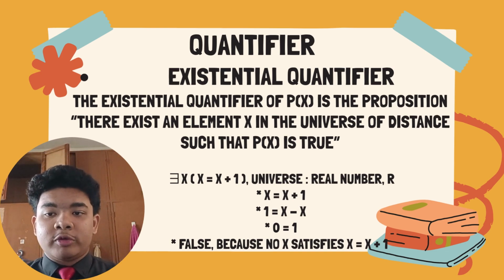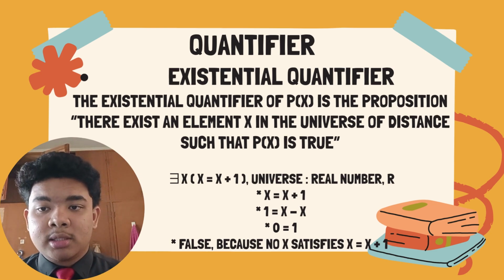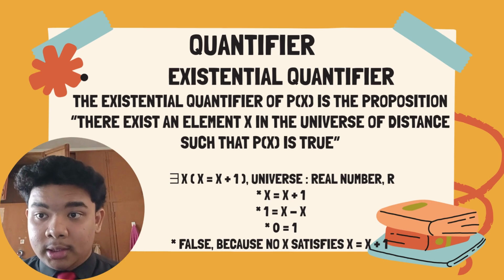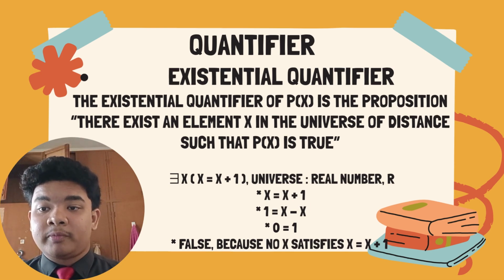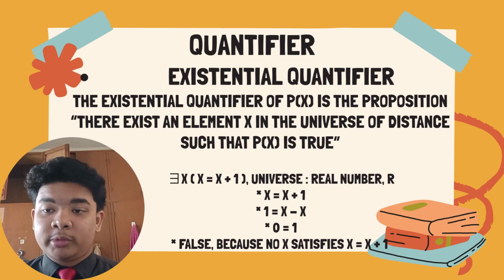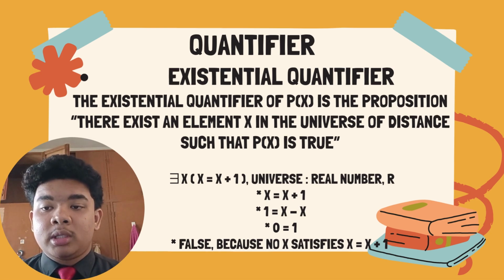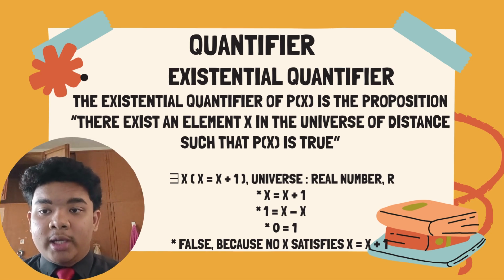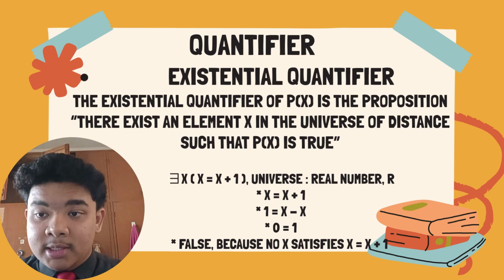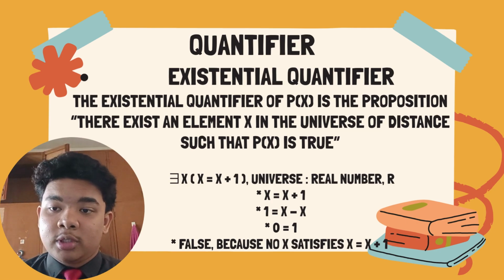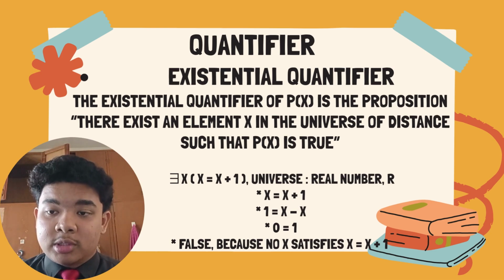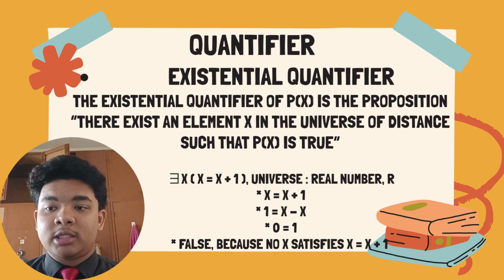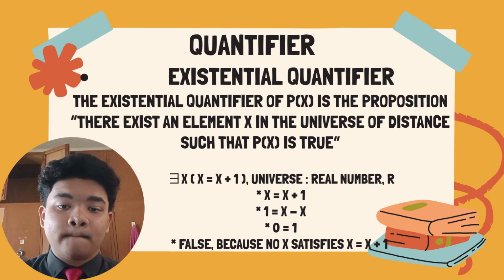The example question is there exists x such that x equal to x plus 1, universe all real numbers R. We put x from the right into the left, and we get 0 equal to 1. The answer is false because no x satisfies x equal to x plus 1.